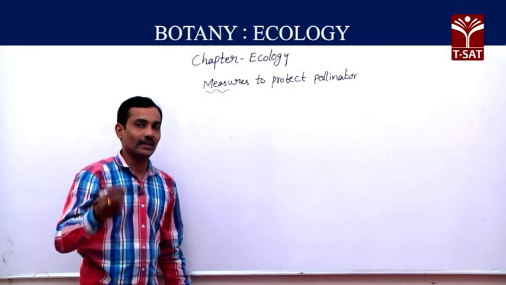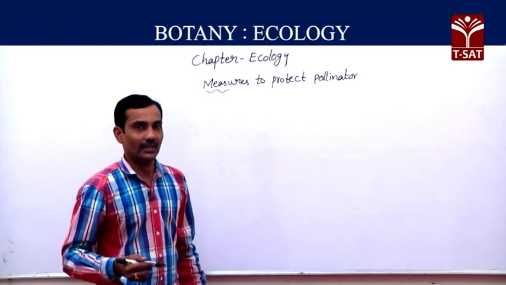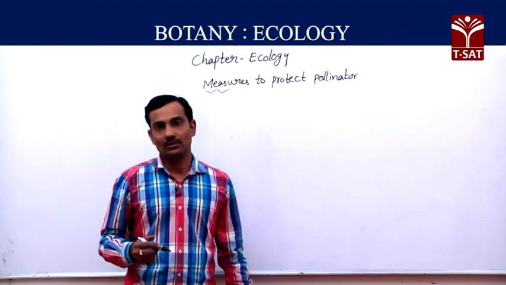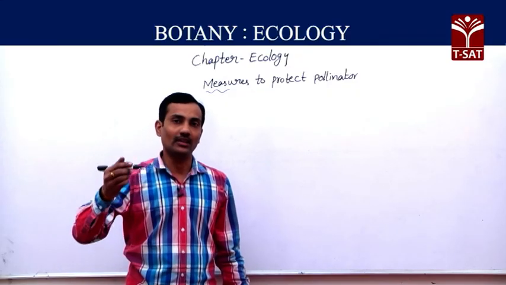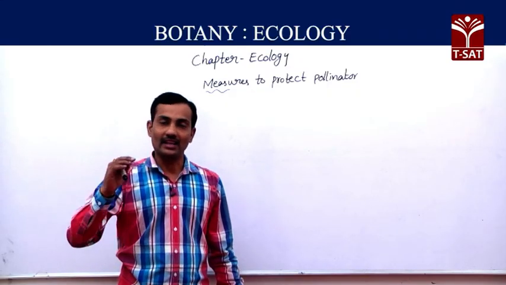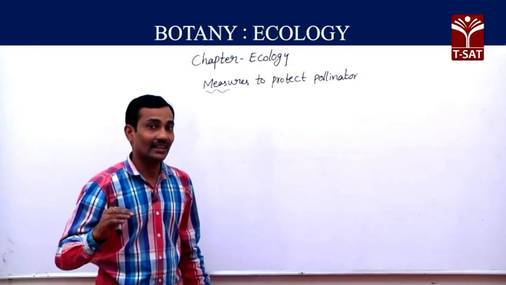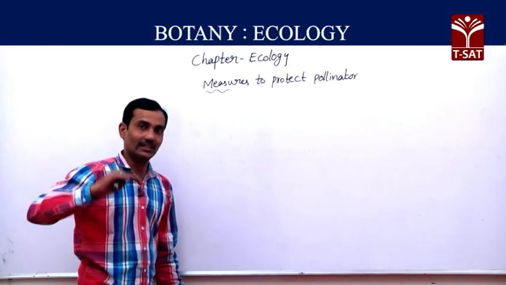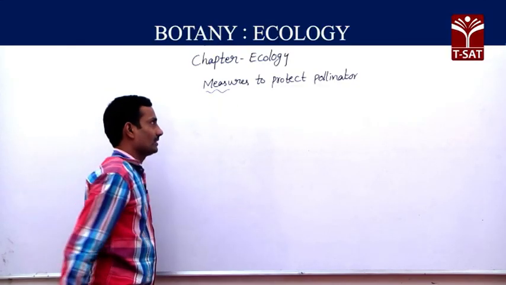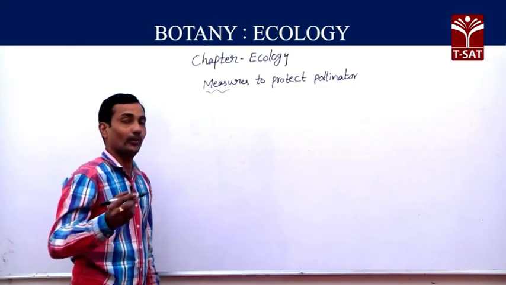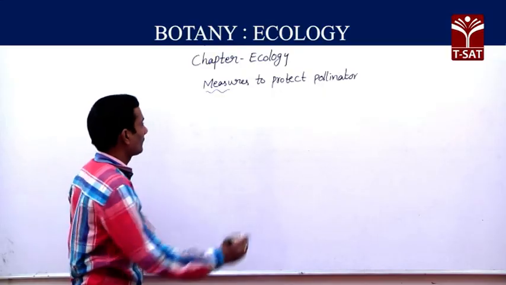But day by day, because of environmental factors, deforestation and different reasons, the number of pollinators gradually decreases. Agricultural yield gradually decreases. But what type of measures do we have to take to protect pollinators?